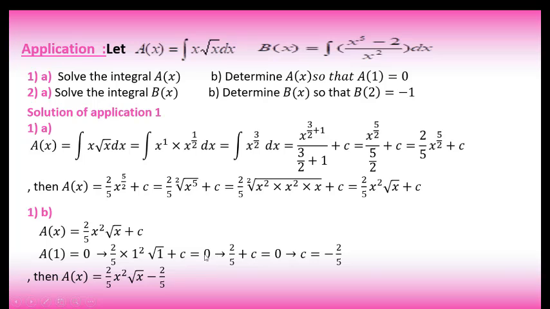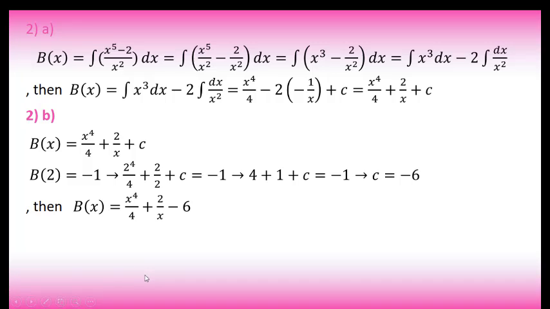Don't forget a of 1 is 0. Then c equals minus 2 over 5. Now substitute c by its value to get a of x equals 2 over 5 x squared radical x minus 2 over 5.